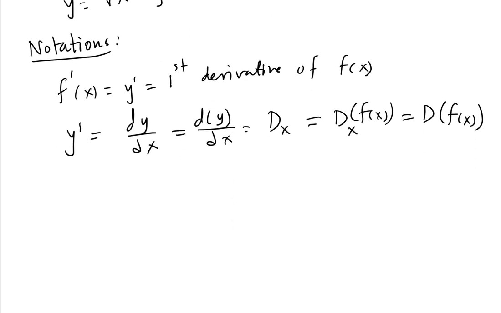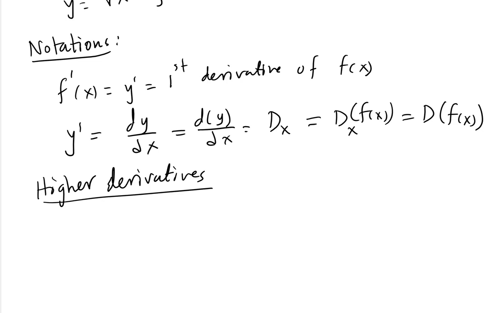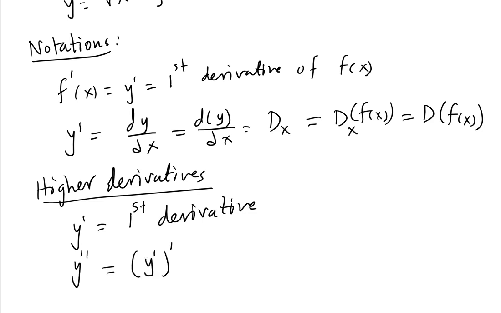And based on that, we can introduce what we call higher derivatives. In higher derivatives, if y prime is the first derivative, we can find the second derivative, which is the derivative of the first derivative.